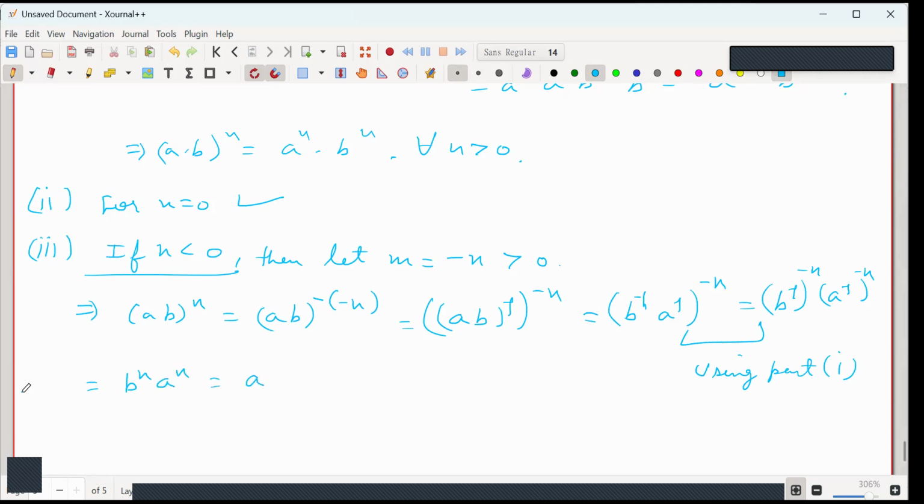But since it is abelian, this will be A^n B^n. Anyway, this part we cannot do by the intuition that you were saying, right? Because the power is negative there. So for this part, we need to take the inverse to make the power positive first, and then we know the answer for positive ones, so we can use it.